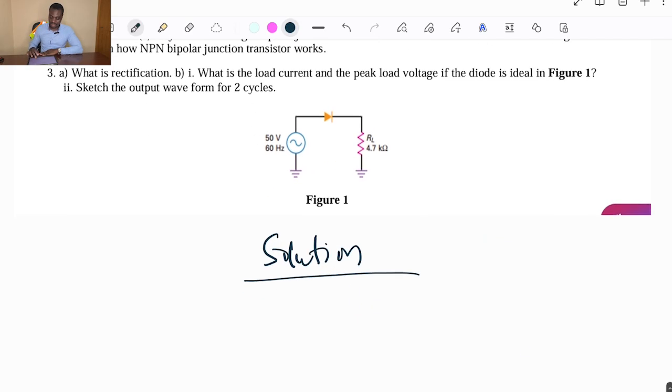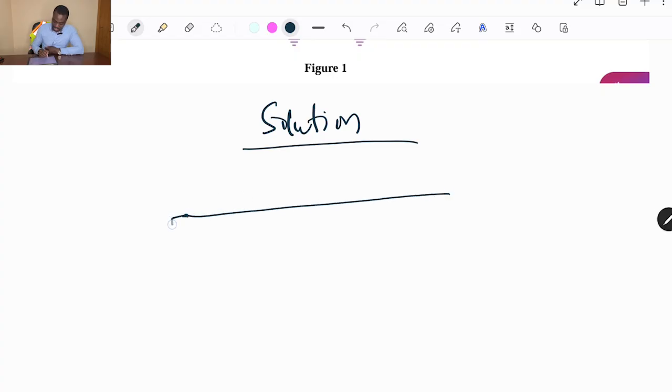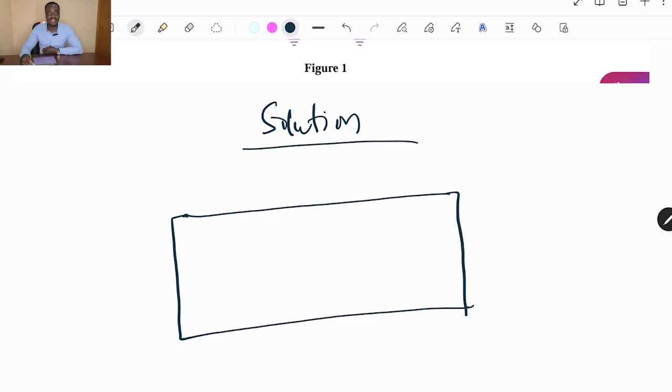So this one I'm going to explain, barrier potential. Now, when we talk about barrier potential, we are talking about the energy needed to overcome the electric field that is created on the PN junction as a result of the migration of electrons into the P region.